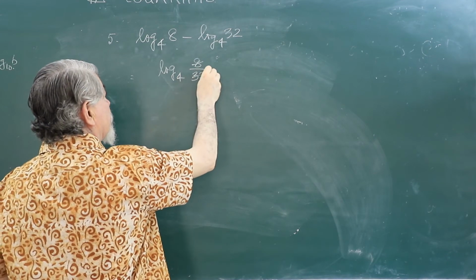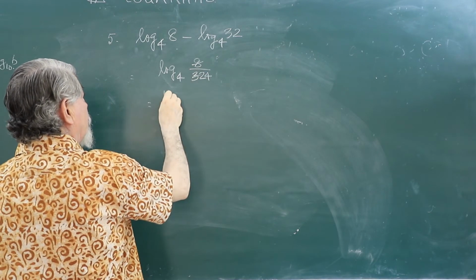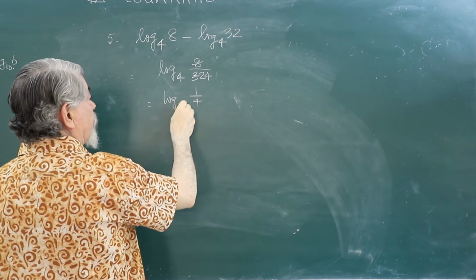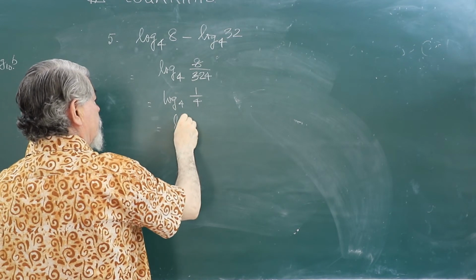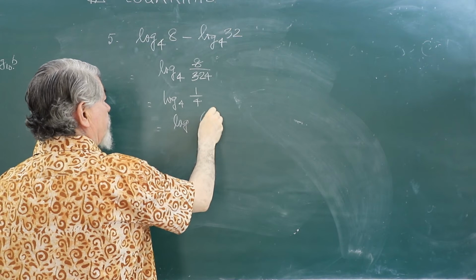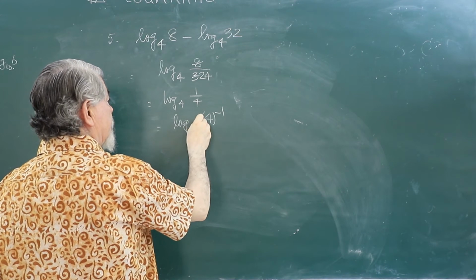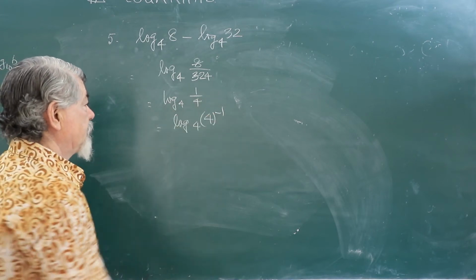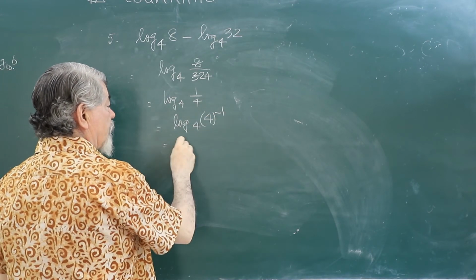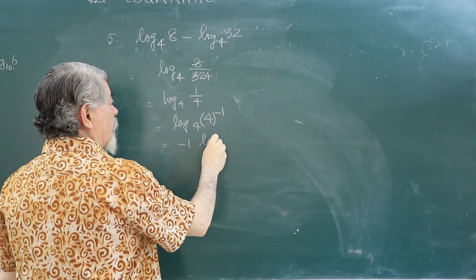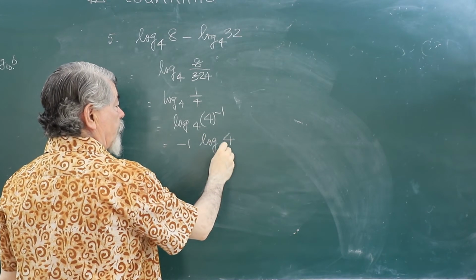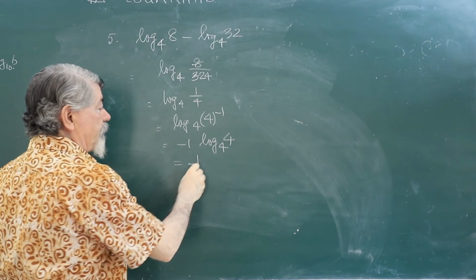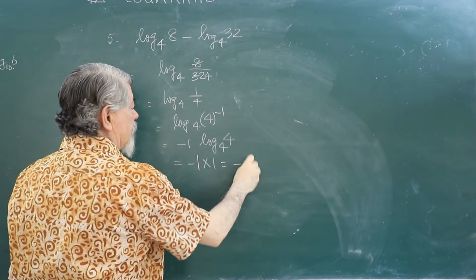8 4s are 32. So log 1 upon 4 to the base 4. It is log 4 to the power minus 1 to the base 4. I have taken 4 up, so it becomes 4 to the power minus 1. So minus 1 will come here: minus log 4 to the base 4. Again, log 4 to the base 4 will be 1, so it will be minus 1 into 1, that is minus 1.